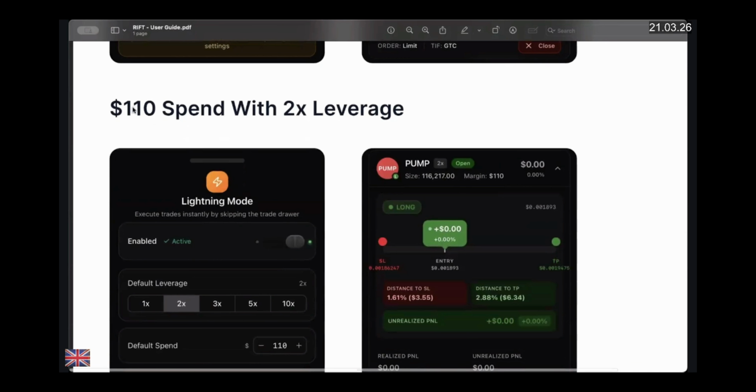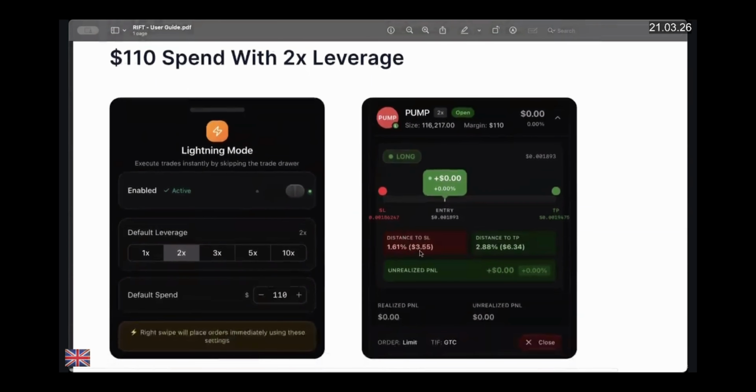Then you check $110 spend with 2x leverage, which gives you distance to stop loss and distance to take profit increasing from 1% to 2.88% and 1.61% at both ends.